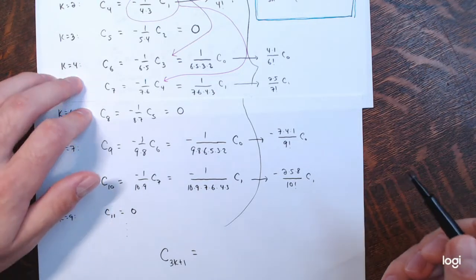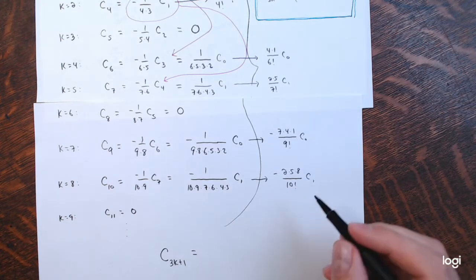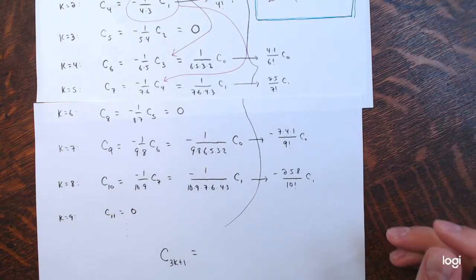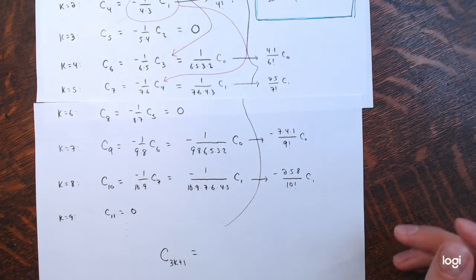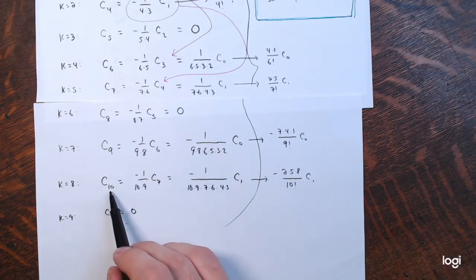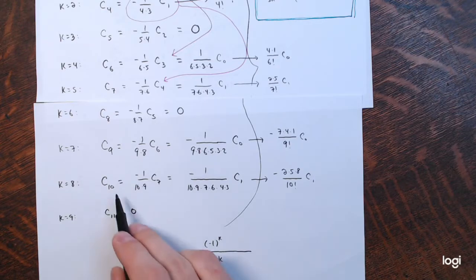Again, if this doesn't make sense, I apologize, but I'm just trying to see patterns here. Again, I eventually just might end up writing the coefficients the way they look. So it looks to me like if your subscript is some multiple of 3 plus 1, you'd have negative 1 to the k, right, alternating negatives, divided by that 3k plus 1, divided by that subscript factorial.